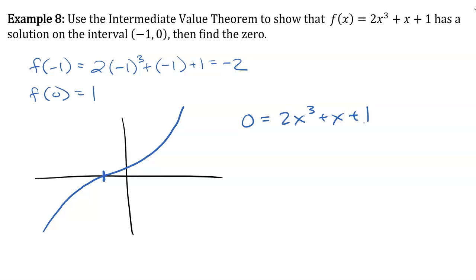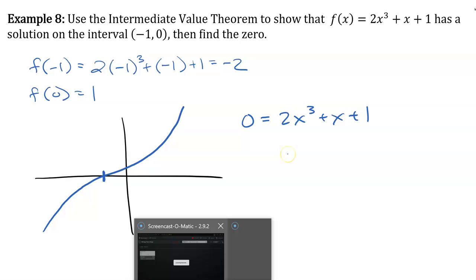Okay, so what's x? It's got to be a negative. And once again, use your calculator. Make it easy on yourself. So, if you do this correctly, you should have x is approximately -0.59. Woohoo!